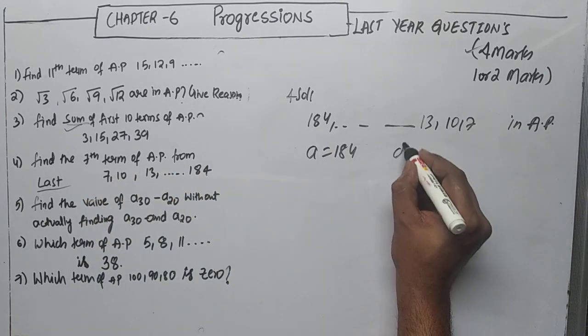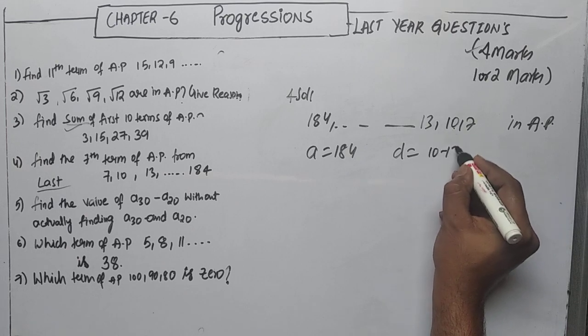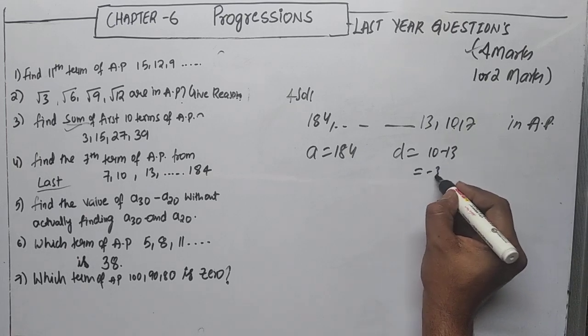Now the d value: 10 minus 13, so d value will be minus 3.